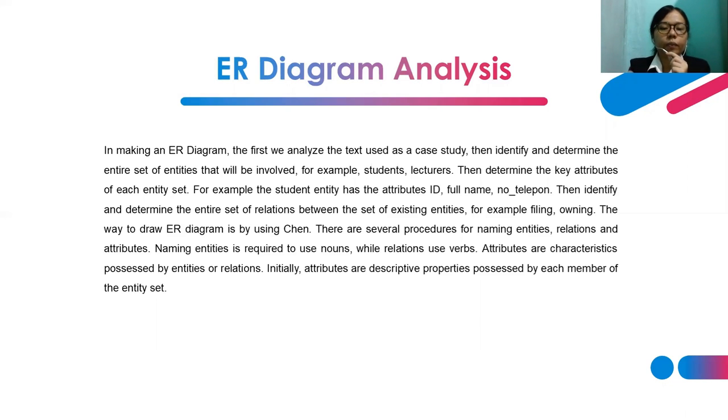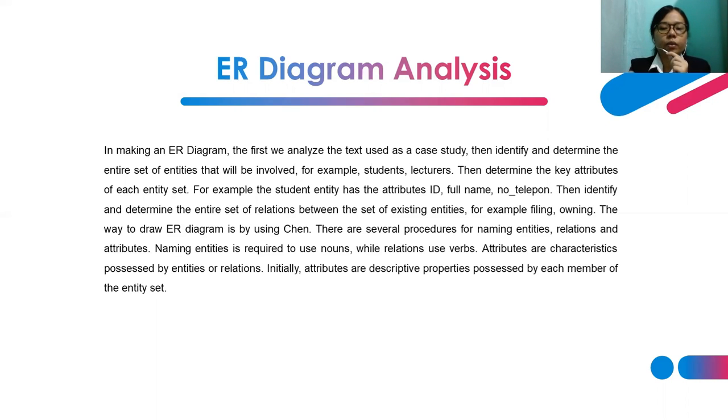For example, the student entity has attributes ID, full name, and phone number. Then identify and determine the set of relations between the existing entity sets, for example filling, owning. The way to draw an ER diagram is by using Gen.